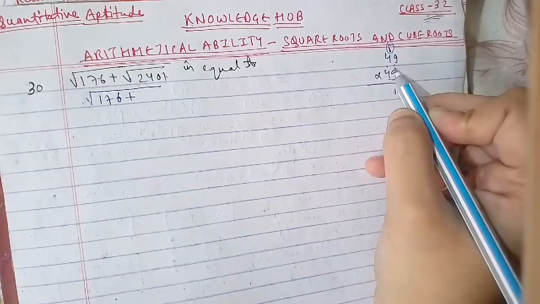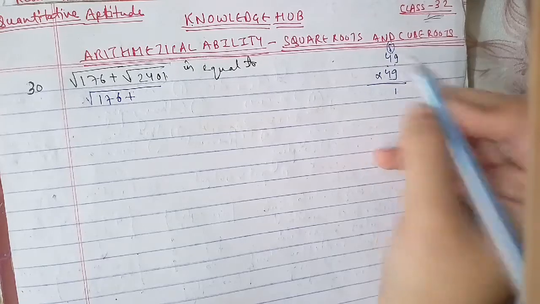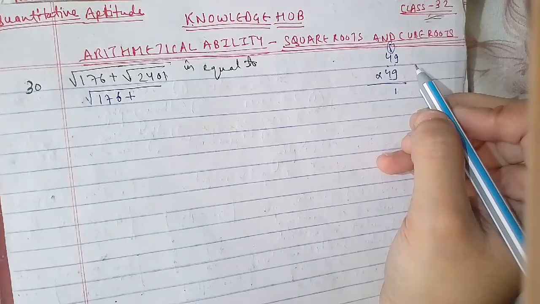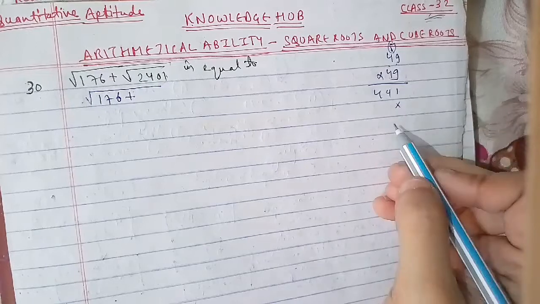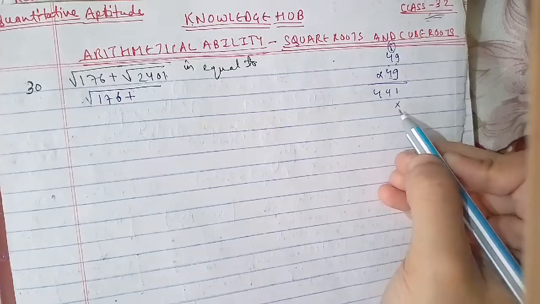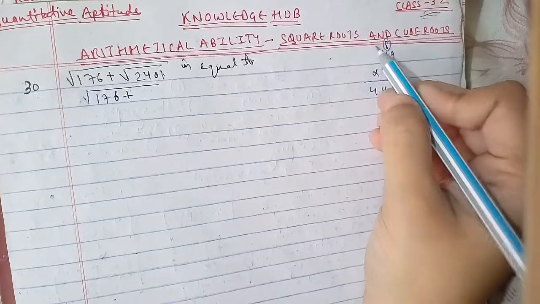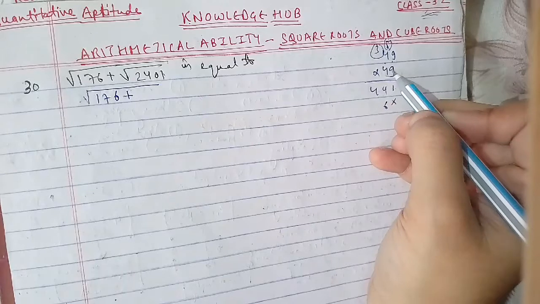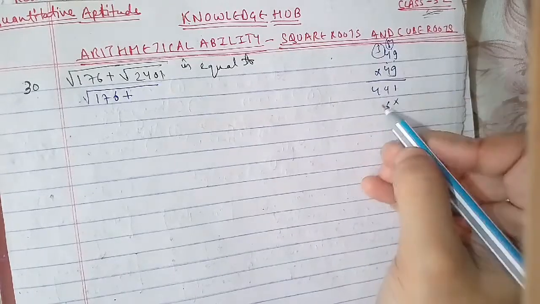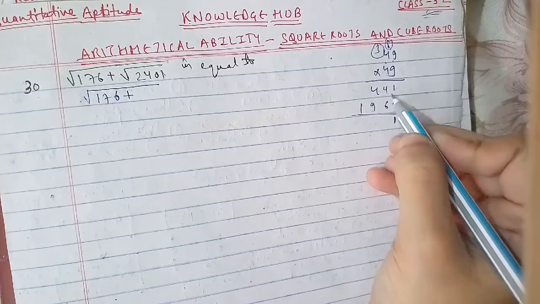Then 4 nines are 36, then 6 here, 3 carry, and 4 fours are 16 plus 3 is 19. So that is 2401, which is the square of 49.